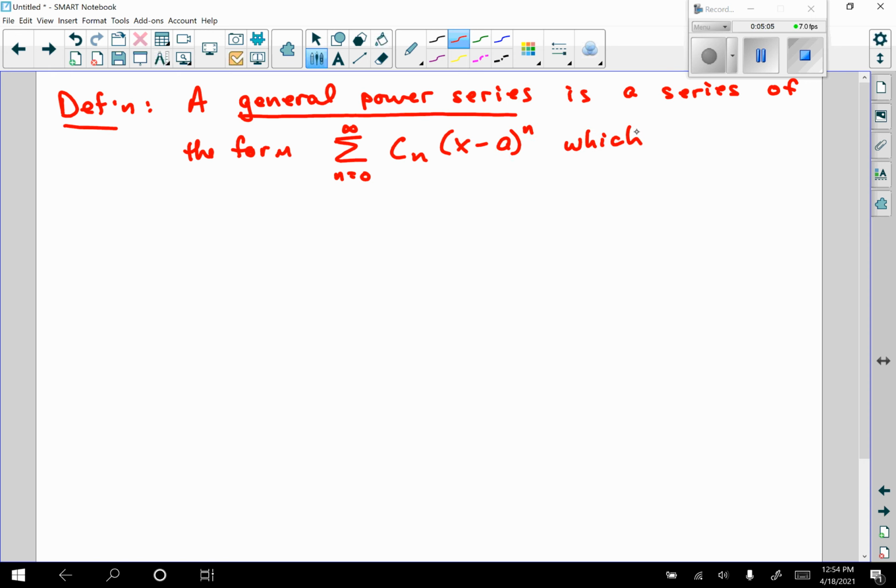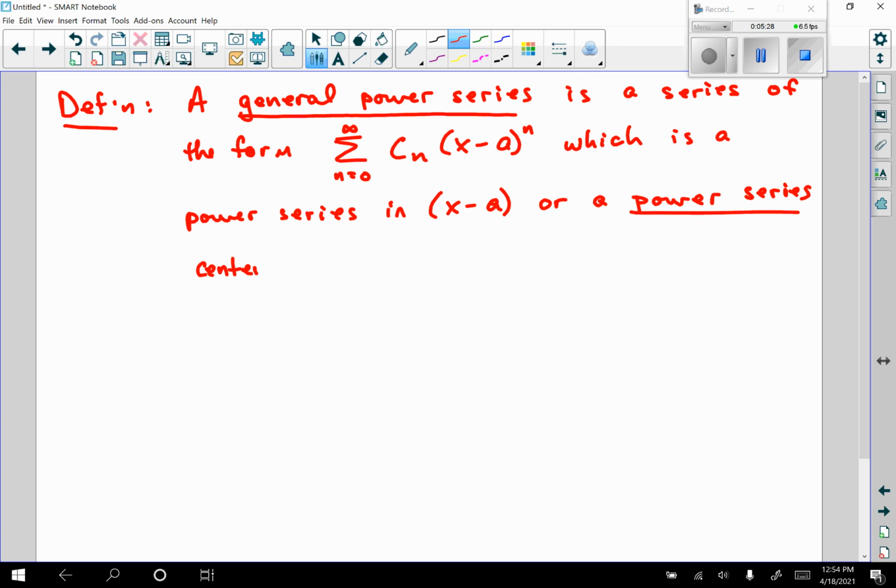So this is still a power series in x minus a, or how we refer to this, a power series centered at a. If x is equal to a, then this is convergent with the sum of c naught, our initial c value.